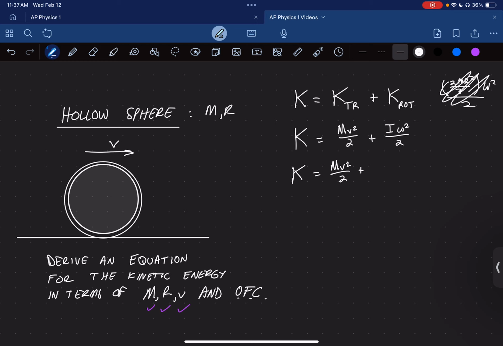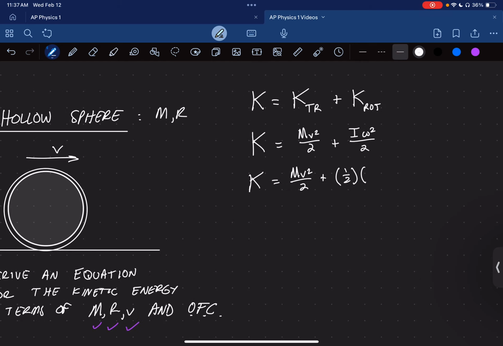So here's what we're going to do instead. We're going to write these as three separate fractions. So the 2 down here, well, that's like a 1 over 2. That's 1/2, which we're going to bring out to the side. Now we'll put in the rotational inertia of a hollow sphere. This is 2/3 mr squared.